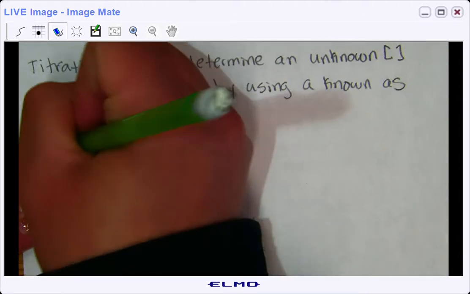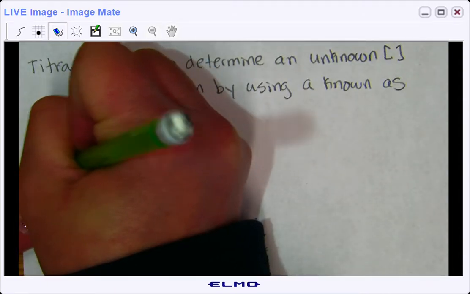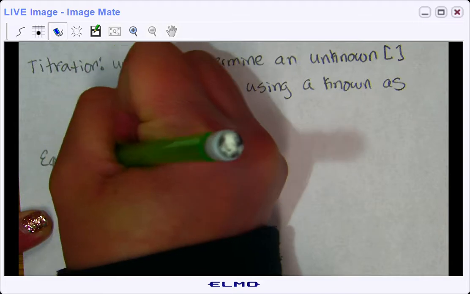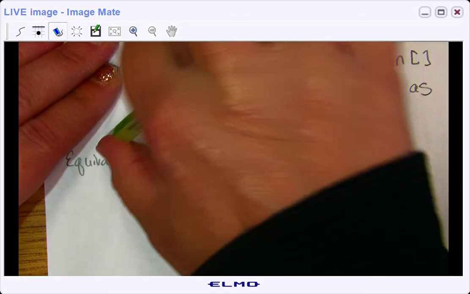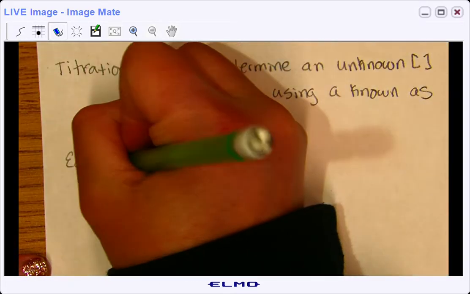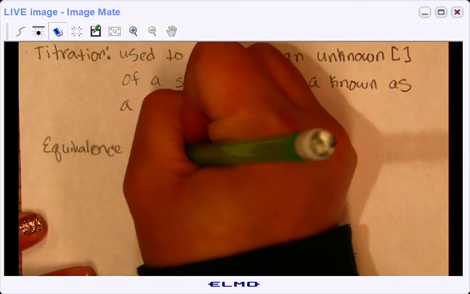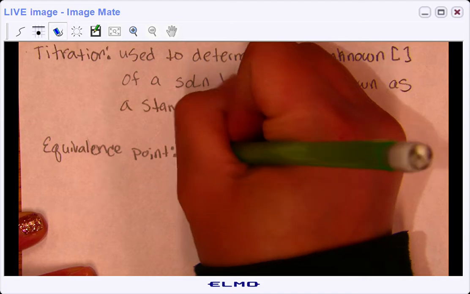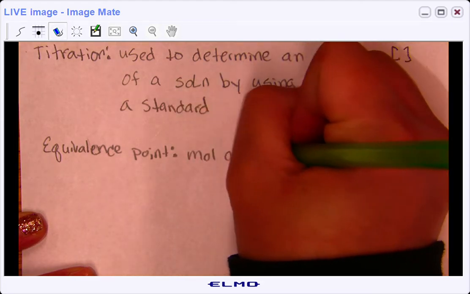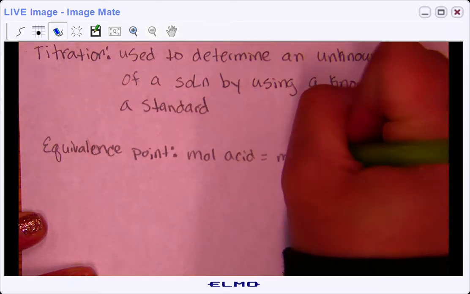All right, a vocabulary term: equivalence point. The equivalence point is where the moles of acid equal the moles of base.